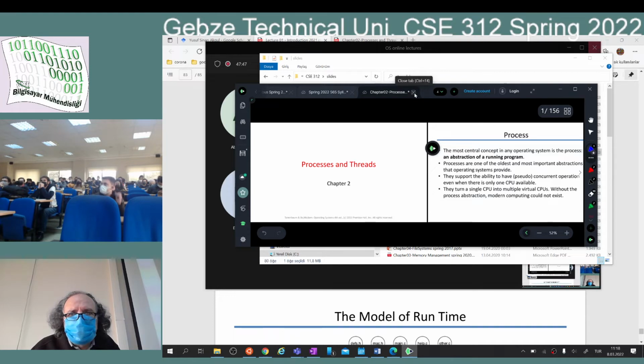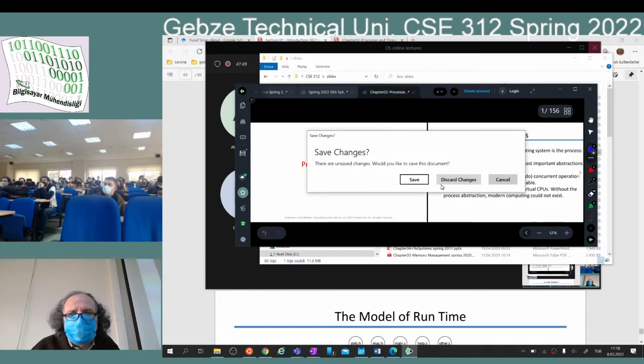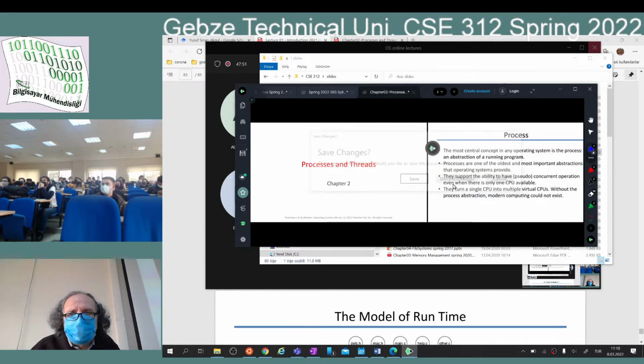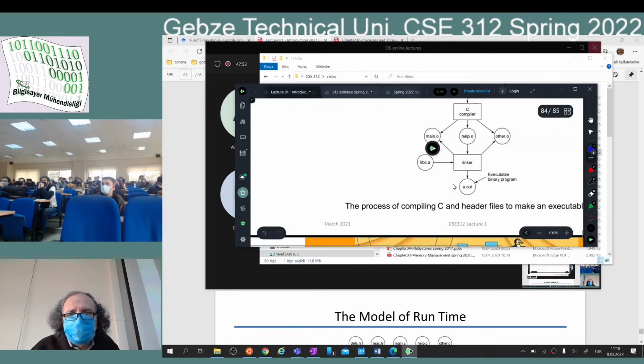Just get rid of it. Discard changes and load it again.